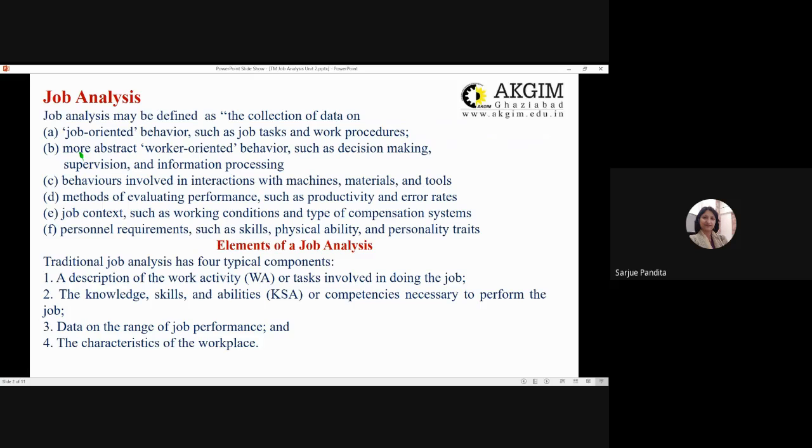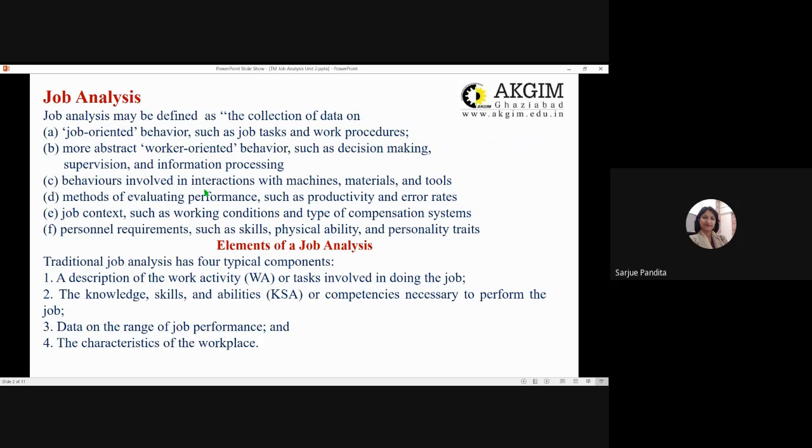It also requires collection of data on more abstract work oriented behaviors such as decision making, supervision, and information processing. Every task has a certain type of requirement in terms of behavior. It could be decision making, it could be supervision, and it could be information processing.